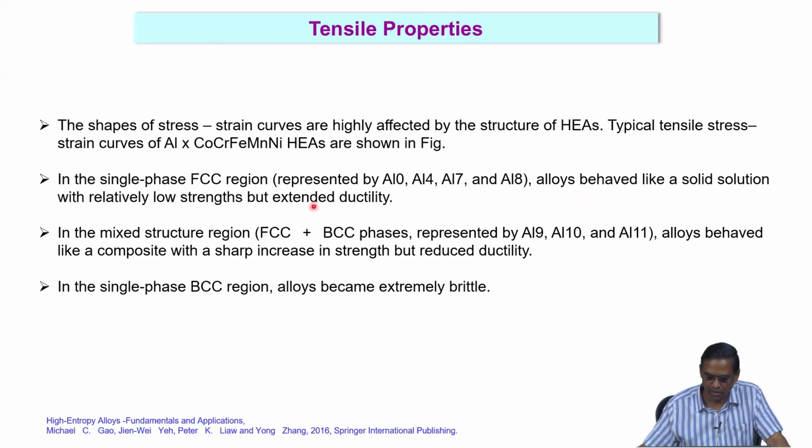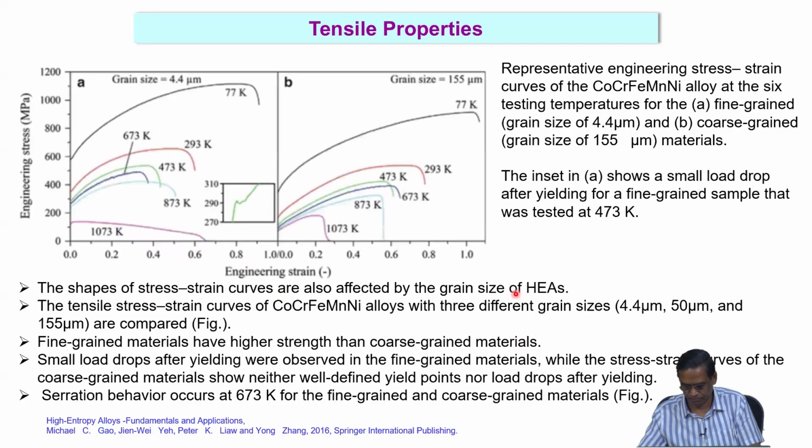Alloys behaved like a solid solution with relatively low strength but exceeded ductility. But as the aluminum concentration increases, it becomes FCC plus BCC phase, represented by aluminum 9, 10 and 11. Alloys behaved like a composite with a sharp increase in strength but reduced ductility. In the single phase BCC region, alloys become completely brittle. This is very important. We witnessed the highly brittle behavior.